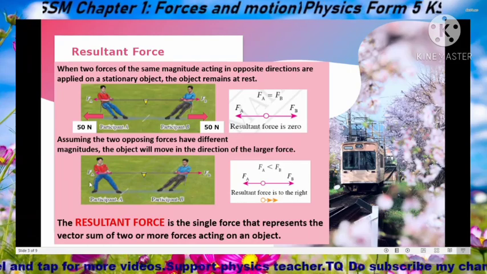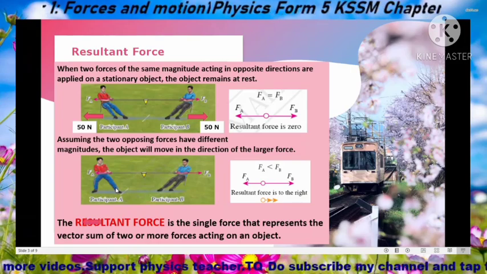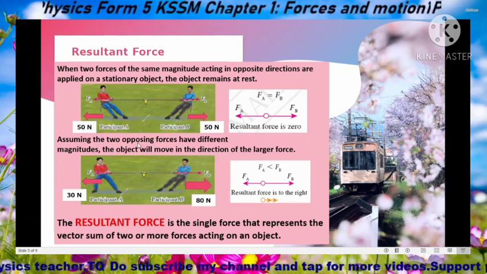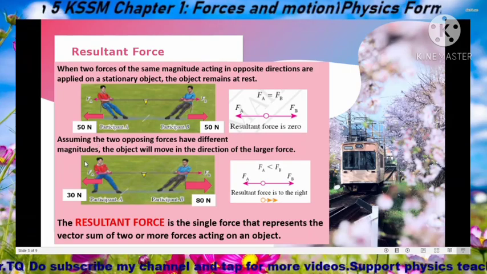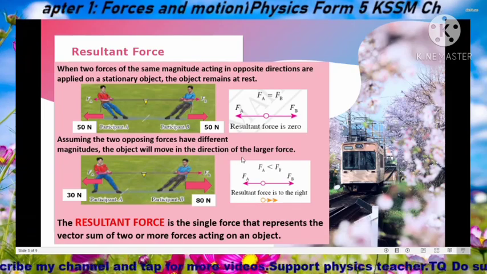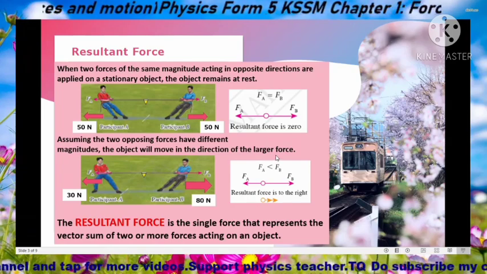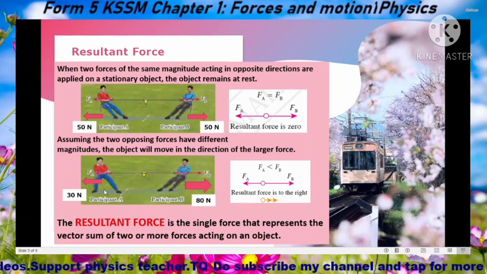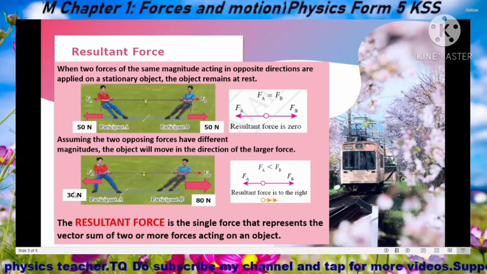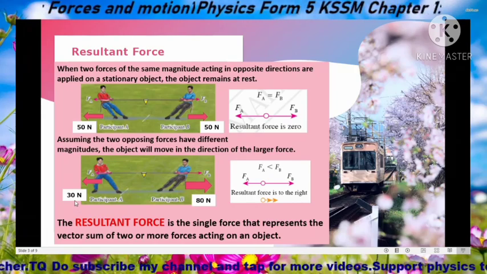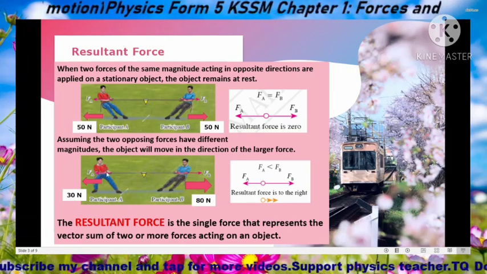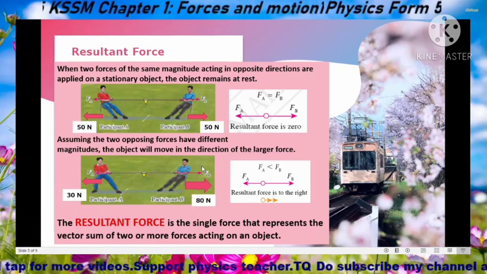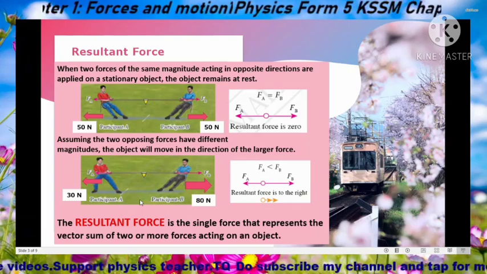Okay, second situation. Assuming two opposing forces have different magnitudes, the object will move in the direction of the larger force. Participant B is pulling with greater force, 80 Newton, compared to participant A who pulled with just 30 Newton. So you can see the yellow flag now moves towards participant B. Looks like participant B won the tug of war competition.